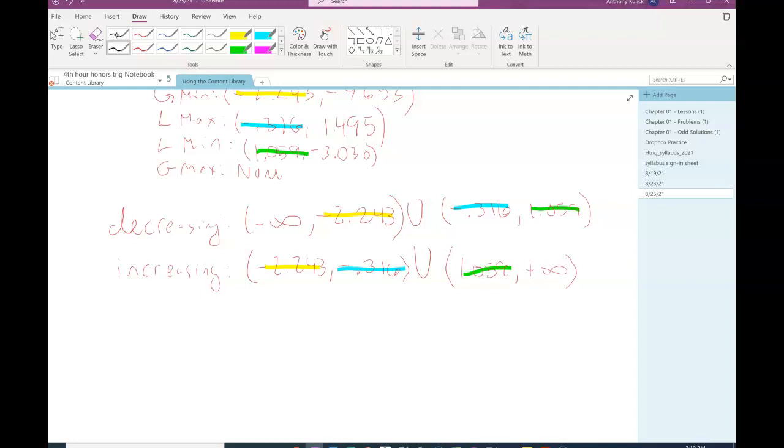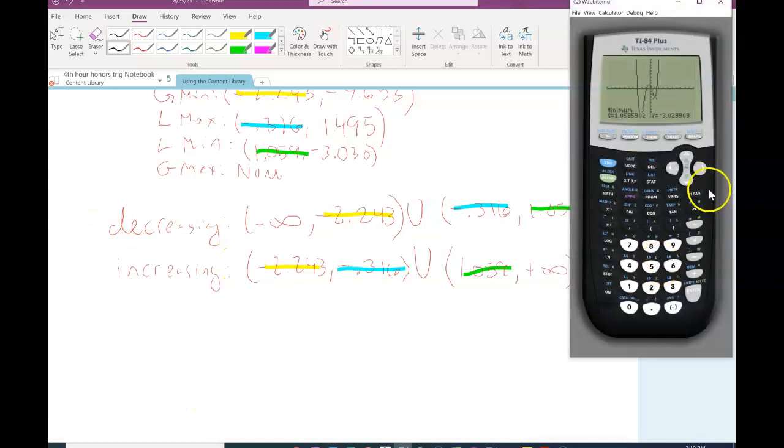Yes, Amy? Can you just show how you found the local minimum on the calculator? Sure. So second, trace, minimum. My left bound I'm going to pick over here, and then the right bound I'm going to pick over here.